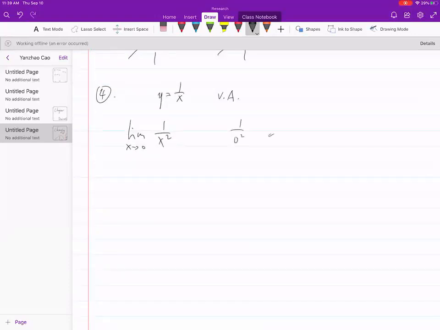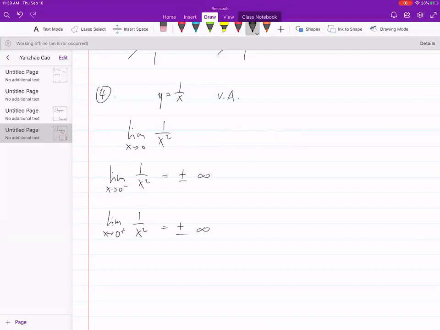Infinity, so I know it's a vertical asymptote. I should check the left, I should check the right. Moreover, I already know they are going to give me infinity. The only thing I don't know is positive or negative.